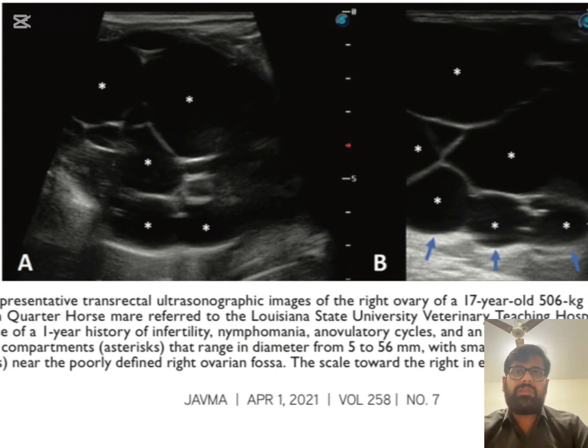This multilocular or honeycomb appearance is typical of epithelial inclusion cyst, where multiple fluid-filled spaces form within the ovary. These findings explain the enlarged ovary and her anovulatory cycle, consistent with the diagnosis of epithelial inclusion cyst.